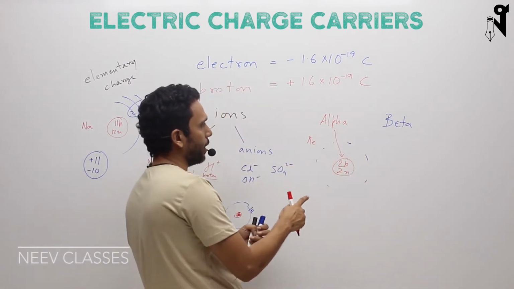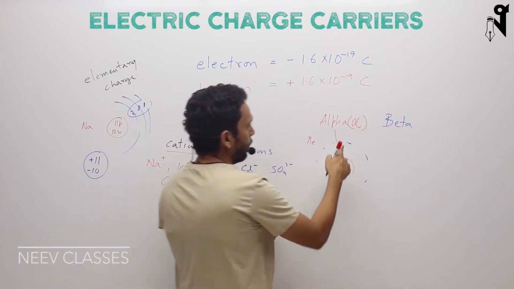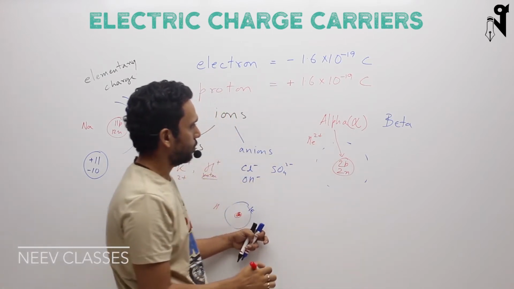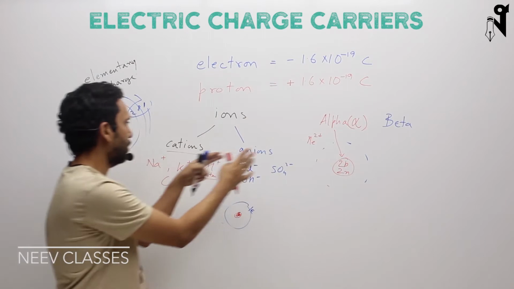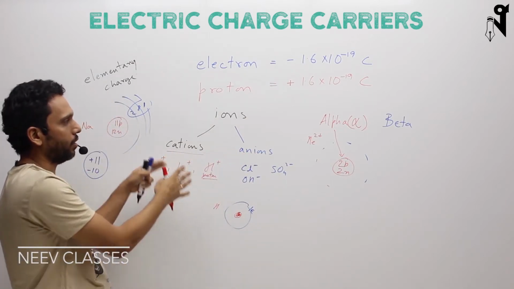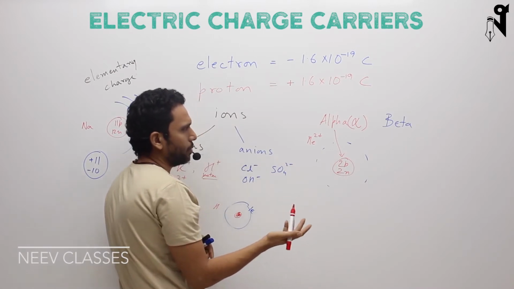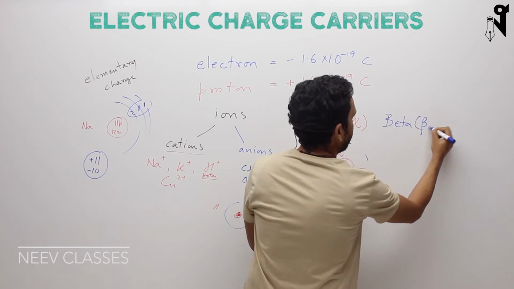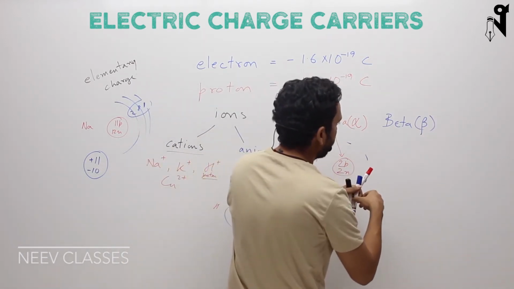The symbol is alpha, and it can also be written as helium 2 plus, because that's a helium ion. So when I'm talking about an alpha particle, I'm talking about a cation, helium 2 plus. Now what is a beta particle? The symbol of beta is this, but basically it is nothing but an electron.